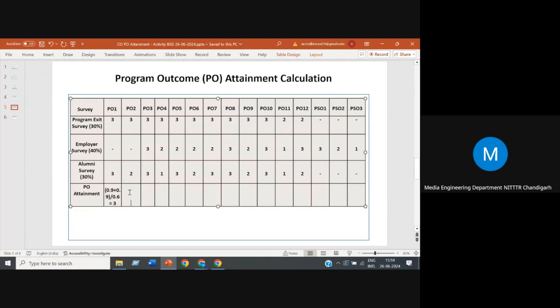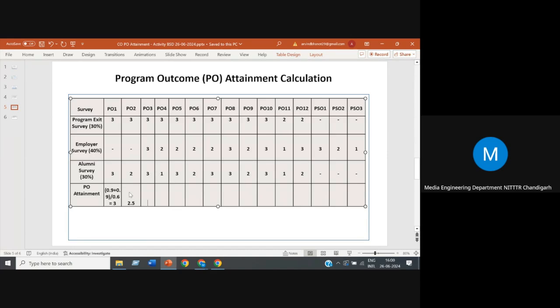So what will be the answer here? It is 1.5 divided by 0.6. Yes. So division will be by 30% plus 30%, 60%, 0.6. 2.5. It is 2.5. Yes.